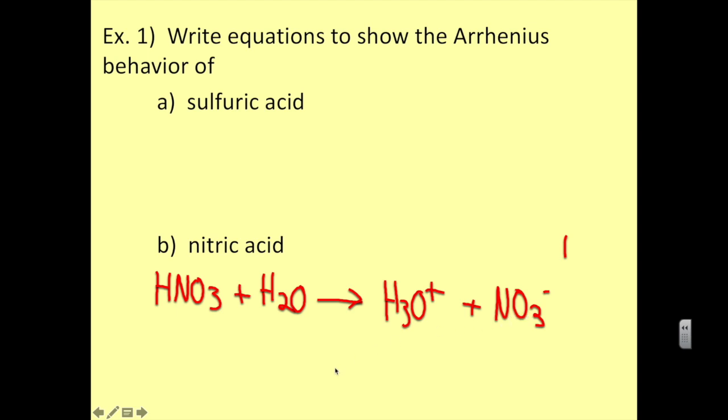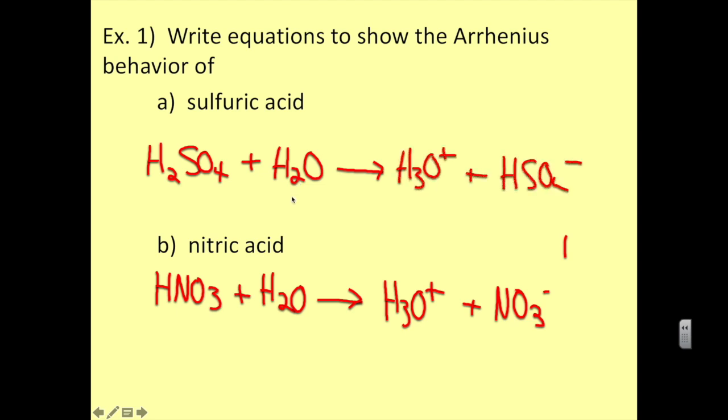Okay, piece of cake. Now, sulfuric acid is a good one because it is H2SO4. So we have two hydrogens here that can react with water. What will happen is we'll pull one hydrogen away and make H3O+, and then we have HSO4-. This should be a 4 right here with a minus charge.